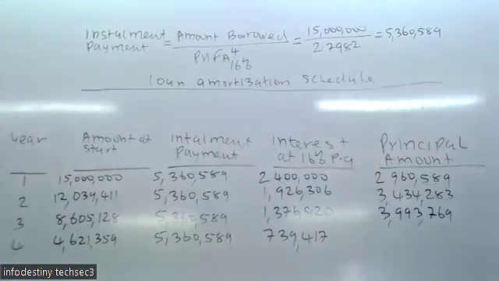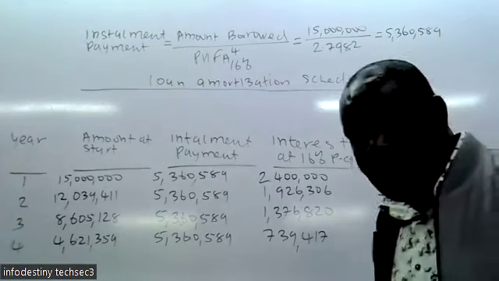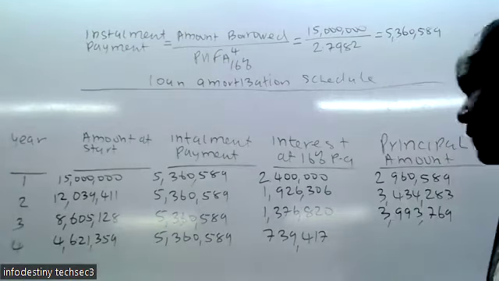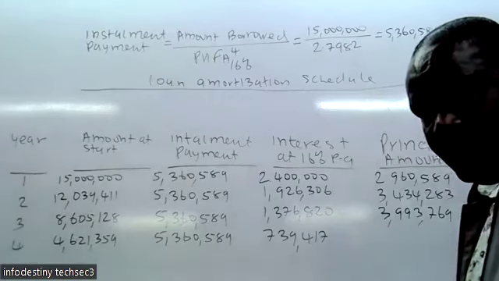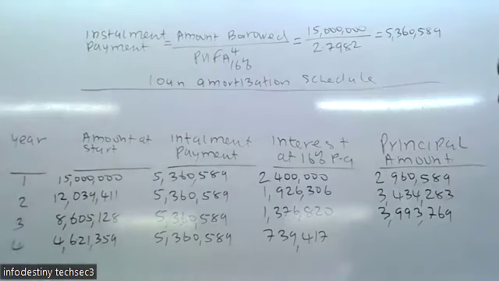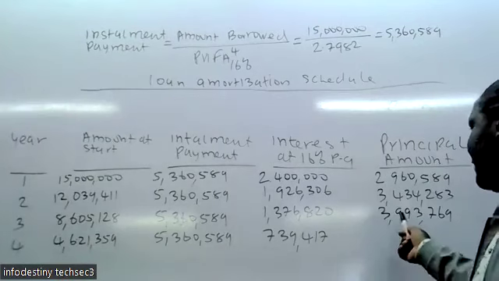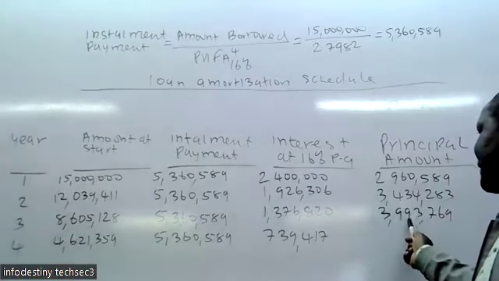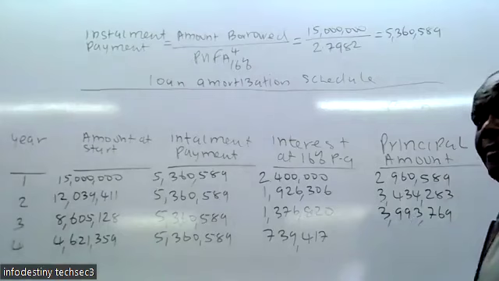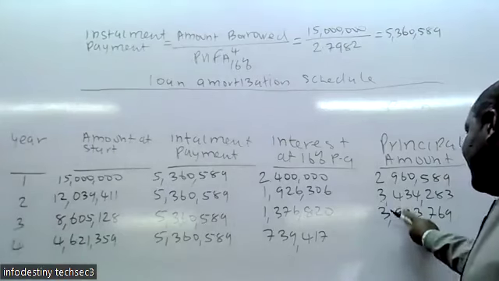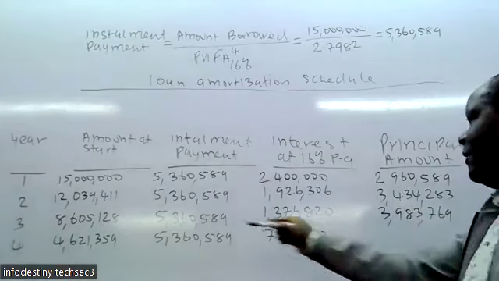So what should be there as the principal amount? About 4.6 million, and that one is correct.